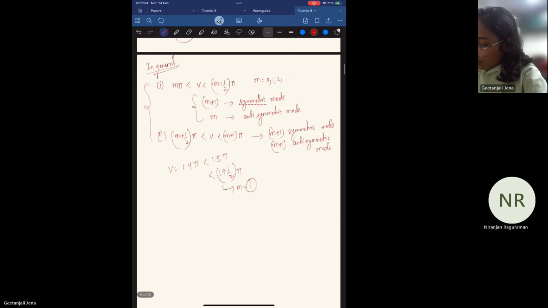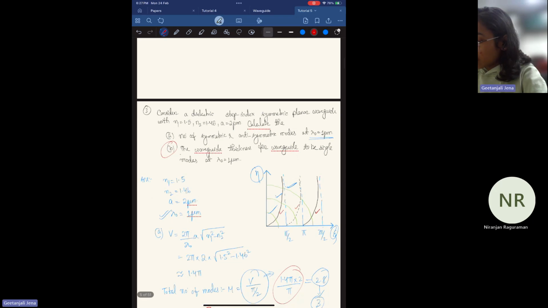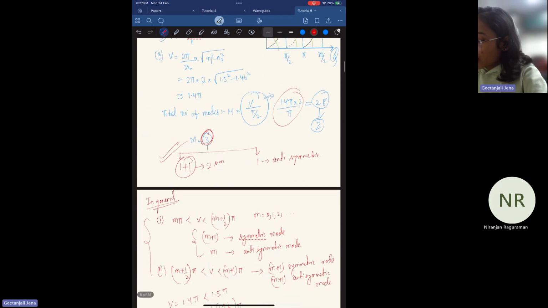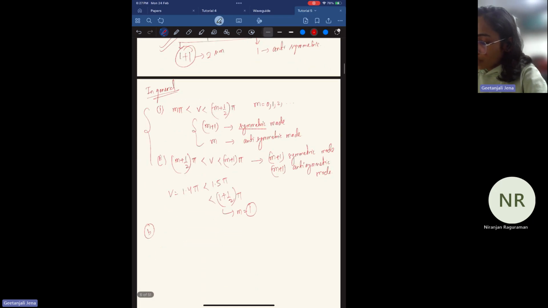Okay. So let me calculate it first. This question is similar to the question we're going through now. It was the waveguide thickness for the waveguide to be single moded at lambda 0 equal to 1 micrometer. In the first part, we saw the total number of modes is 3.